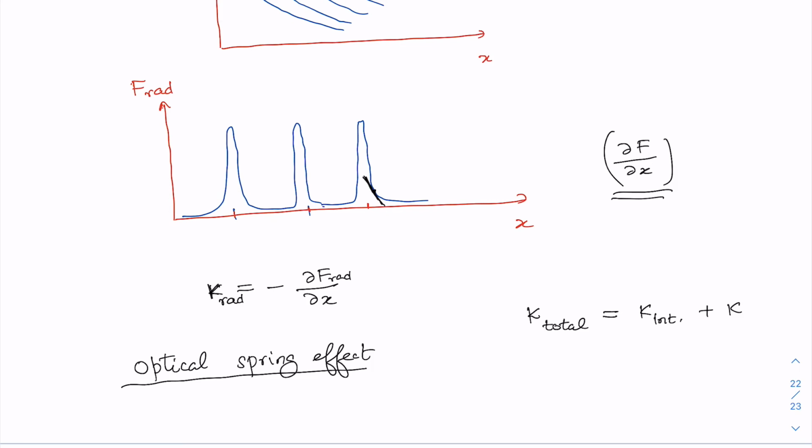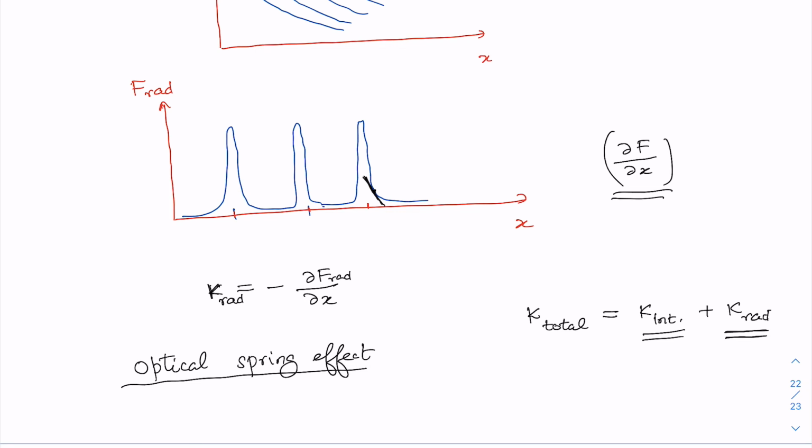So we are going to have an effective spring constant, with a contribution from the intrinsic one and another from the radiation pressure force. In fact this effect can be very strong, and sometimes this increase in the spring constant may even exceed the intrinsic spring constant of the oscillator or the mirror.